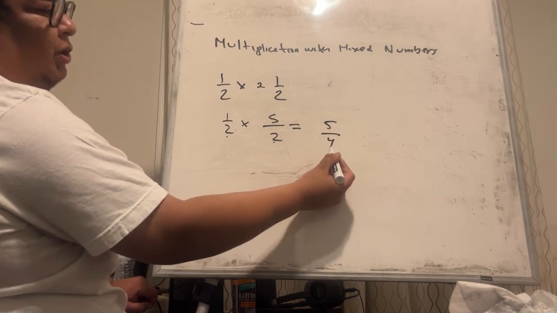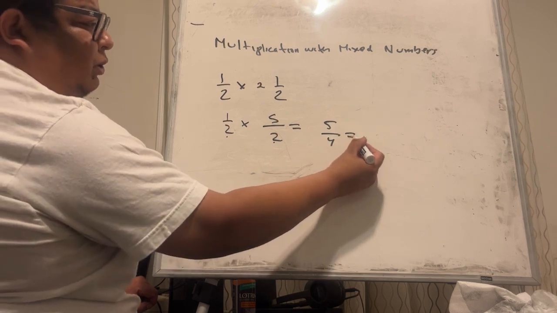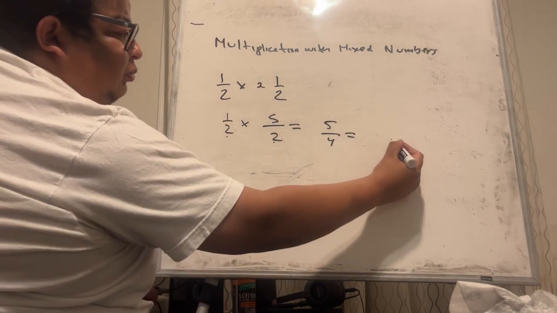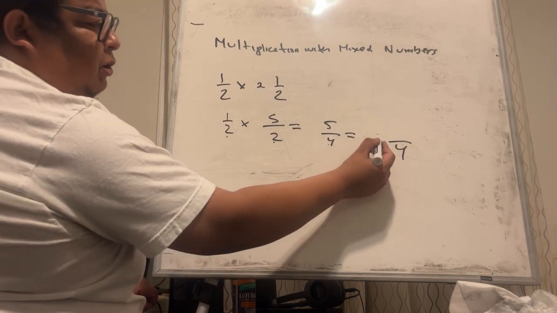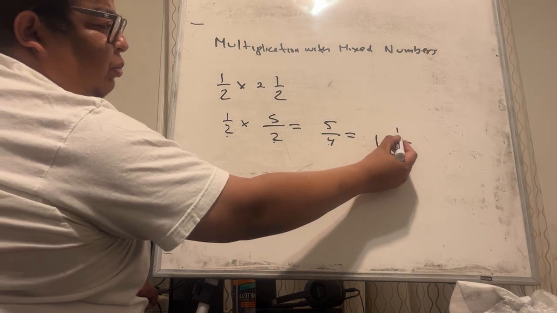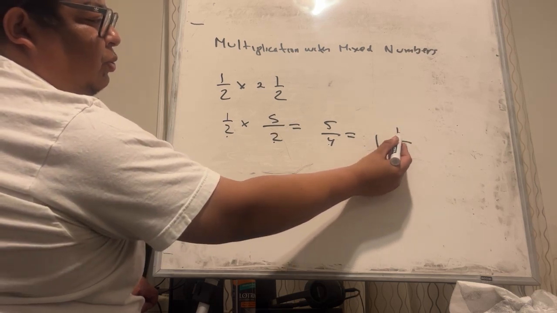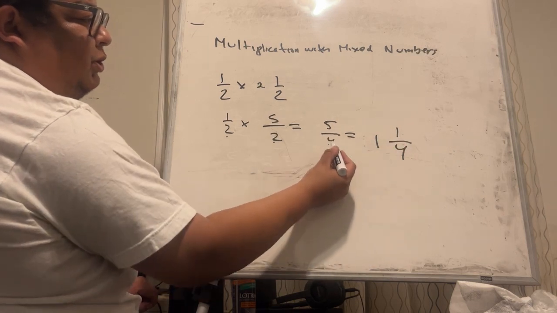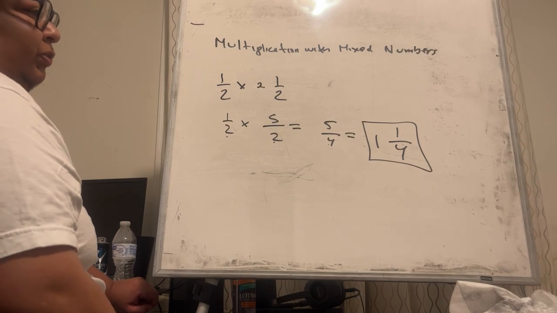Can you do any simplification here? No. So numerator bigger than denominator, turn it into a mixed number. Put a 4, how many times does 4 go into 5? 1 time. 4 times 1, 4. Put a 1 here, because 4 times 1, 4 plus 1, 5, which matches this 5/4. So this is the final answer.